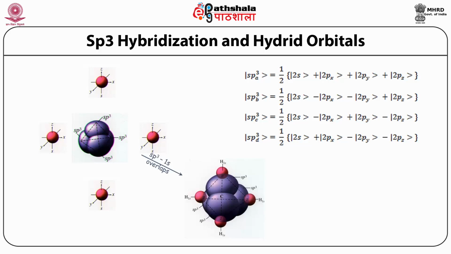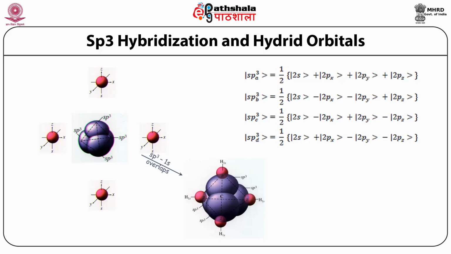Next is sp3c, which is equal to half of 2s minus 2px plus 2py minus 2pz. Lastly, we have sp3d, which is equal to half of 2s plus 2px minus 2py minus 2pz.